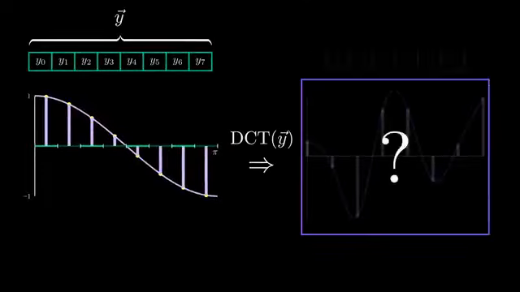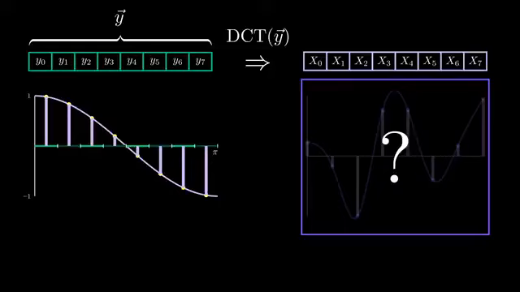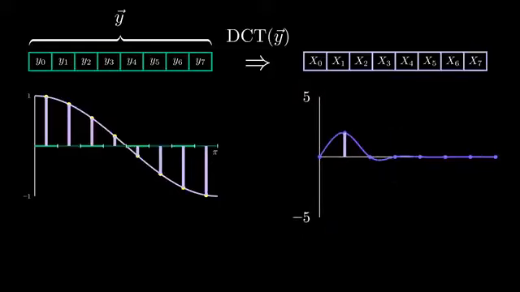So going back to our question, what should we expect the output to be when we pass in sampled points from a standard cosine function? This is an interesting experiment. When we pass these points from a cosine wave into a DCT transform, we get the following output.